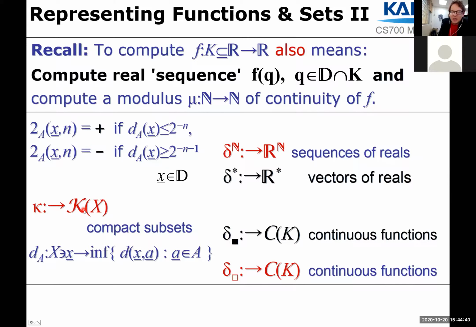We can restrict to dyadic arguments here, and this also gives rise to a sequence with the dyadic arguments, with natural number arguments, and with the Boolean values plus minus 1, 0. So then this gives rise also to a representation of the same space.